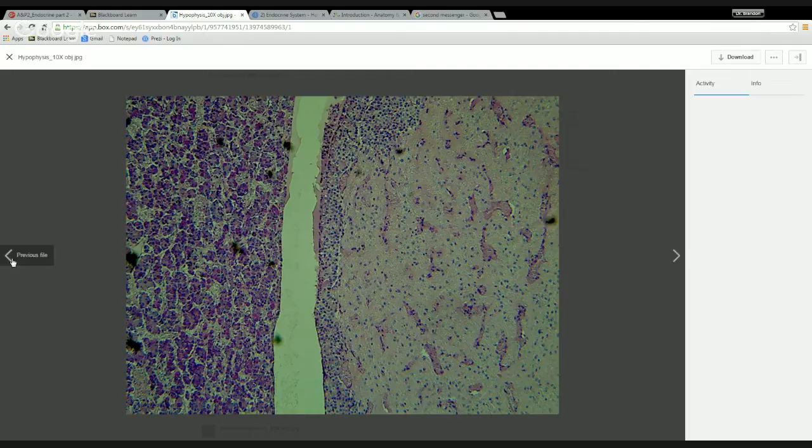And that would mean that the lighter stuff over here is the neurohypophysis. The adenohypophysis is a gland. It makes its own hormones and secretes them. The neurohypophysis is not a gland. It's really just an extension of the hypothalamus.